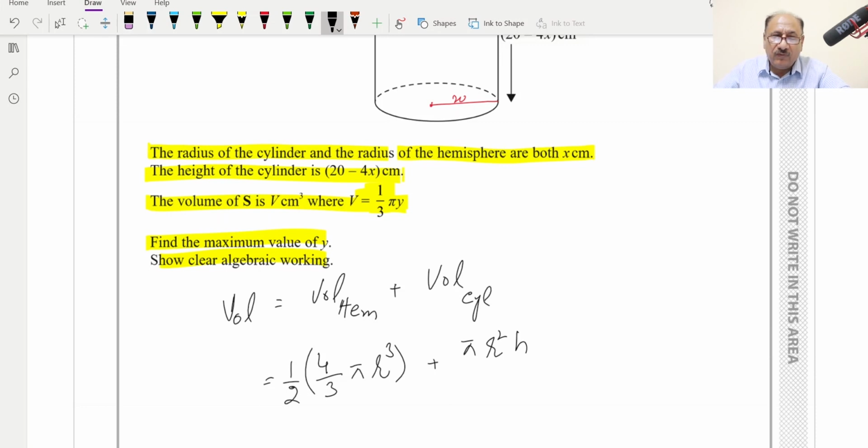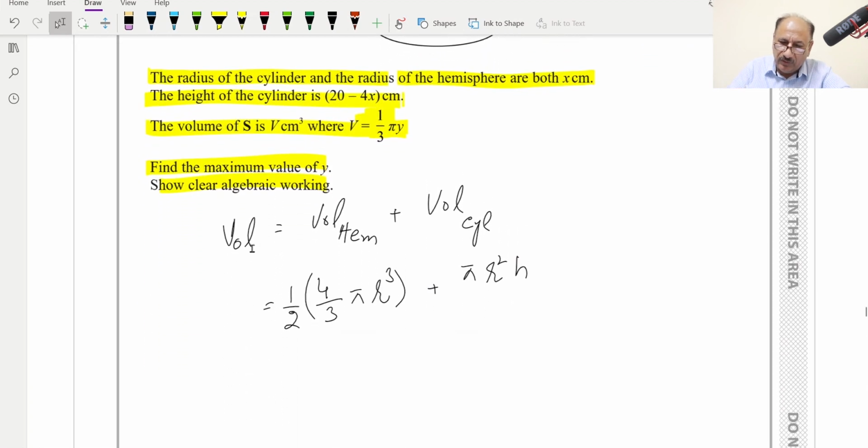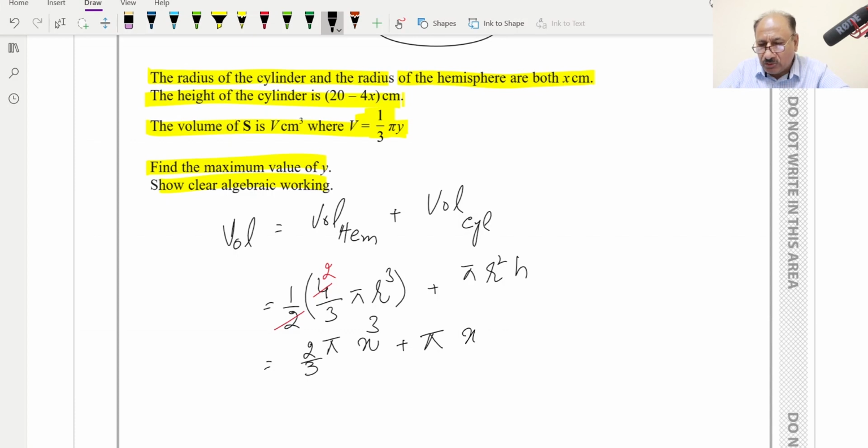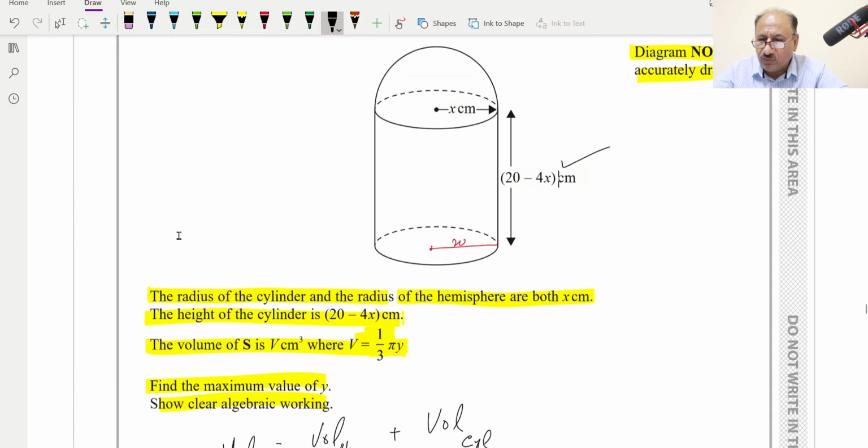Now we will be replacing these values. So x is the radius which we will replace over here. This equation will become, instead of 1 by 2, I'm cancelling this 2 with this and will be writing 2. So it will be 2 by 3 pi, and r square means x square because radius is x, so x square plus pi r square means x squared into h, and h is provided over here, which is 20 minus 4x.